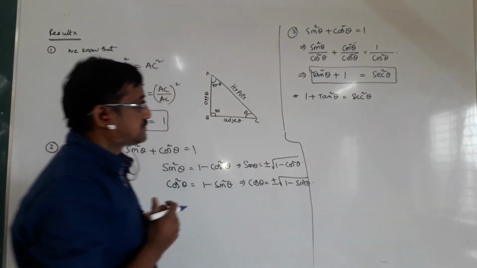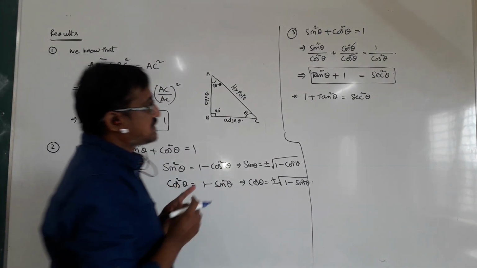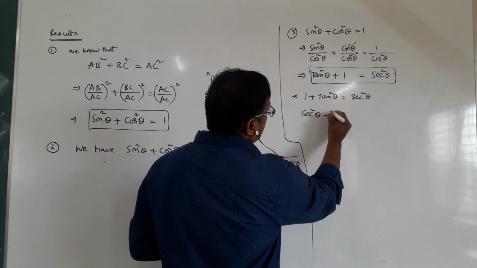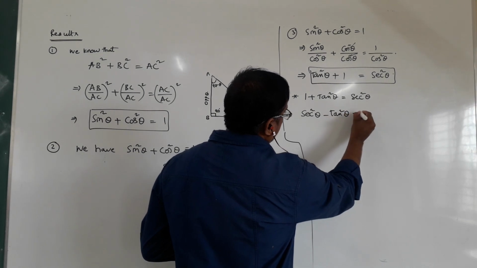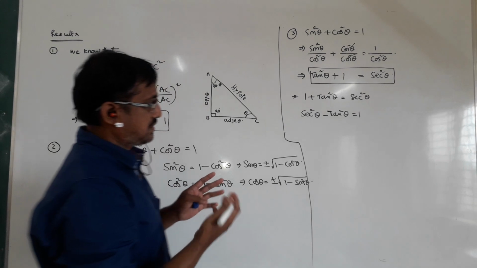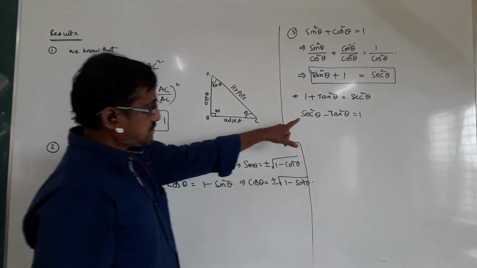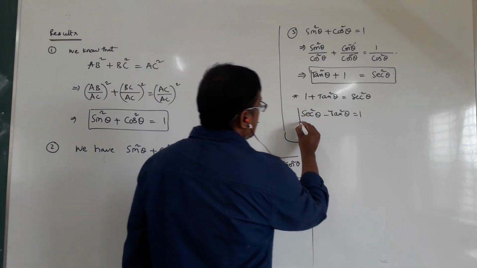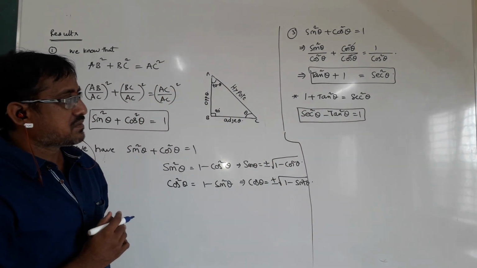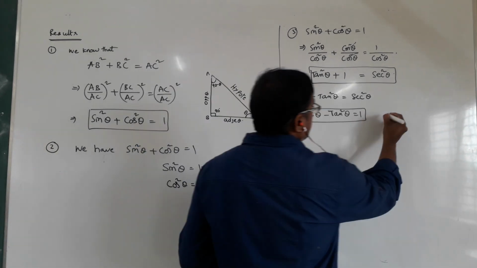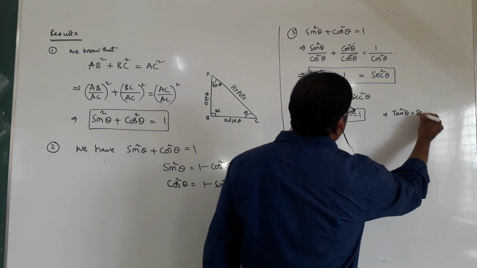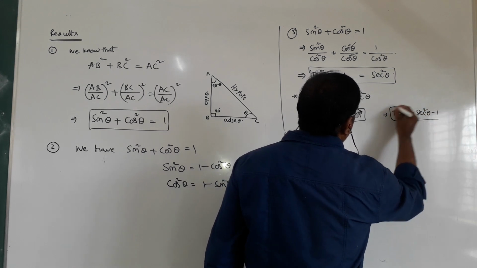Now from this, secant square theta minus tan square theta is equal to 1. When you take tan square theta to the left side, you will get minus tan square theta. So the result is secant square theta minus tan square theta is equal to 1. And from this you can say that tan square theta is equal to secant square theta minus 1.